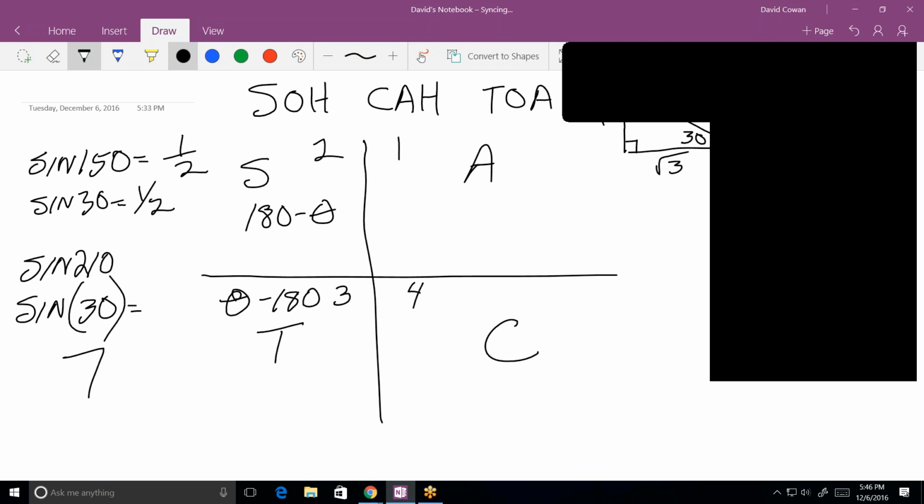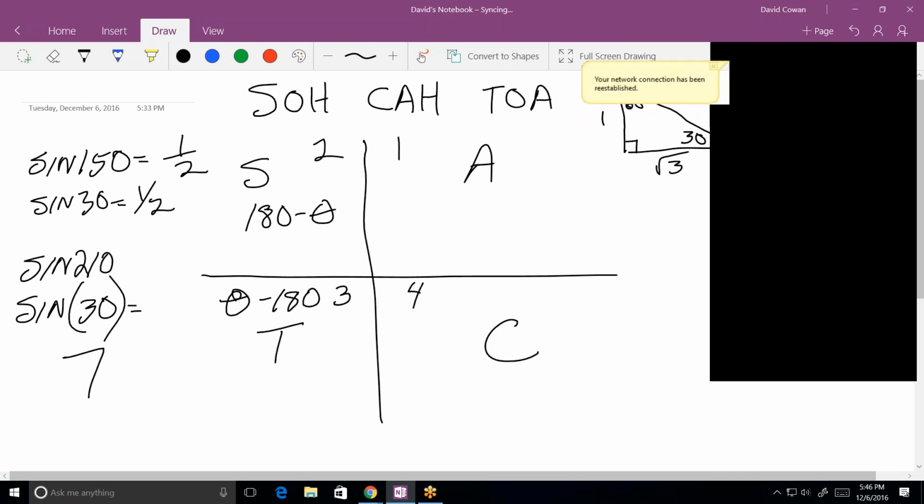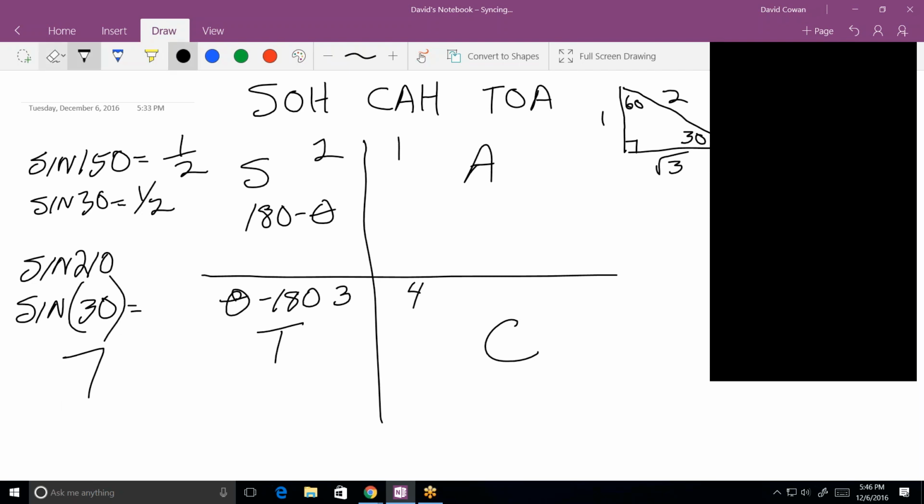Okay, can you hear me through the GoToMeeting now? Yeah, I can. Can you see the number I wrote below sine of 30? Nope. There's no numbers, David. It says meet now. I wrote the number 7 right below on the lower left. No, nothing in there. Okay, it doesn't show anything.